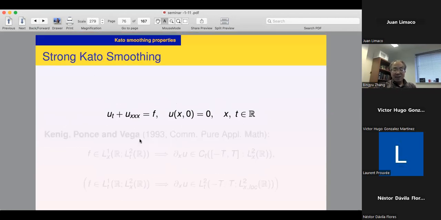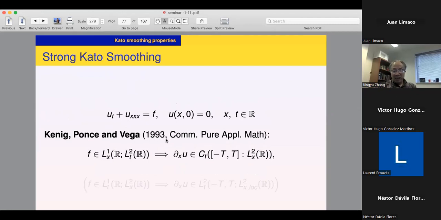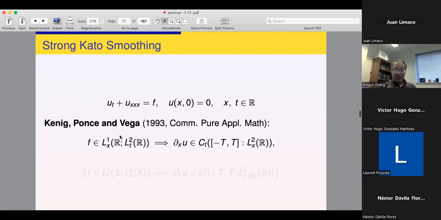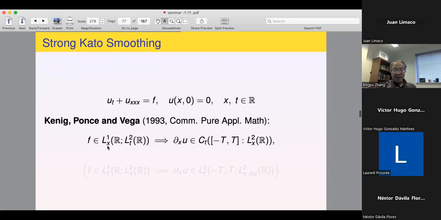And then another Kato smoothing, which we call strong Kato smoothing. The same things here, and this is a result due to Kenig, Ponce and Vega. If F is in L1 about x, L2 about time, then U sub x belongs to continuous about time and L2 about space x.